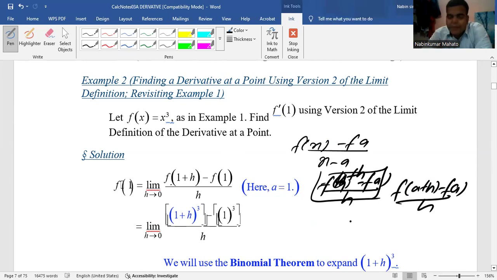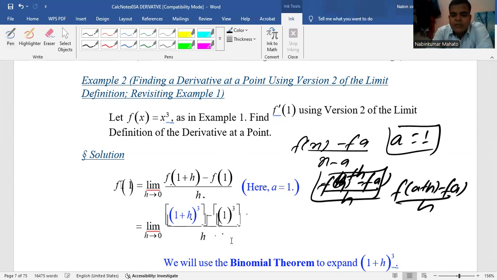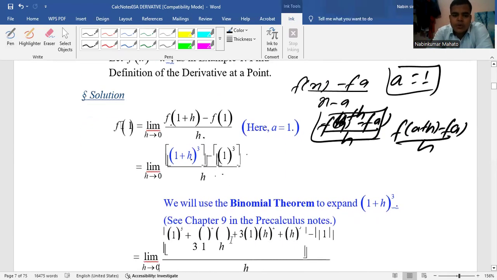Since a is equal to 1 is given, we use ((1 plus h) whole cube minus 1 cube) by h, because h is not given. We use the binomial theorem to expand (1 plus h) whole cube, which is a cube plus 3a square b plus 3ab square plus b cube.